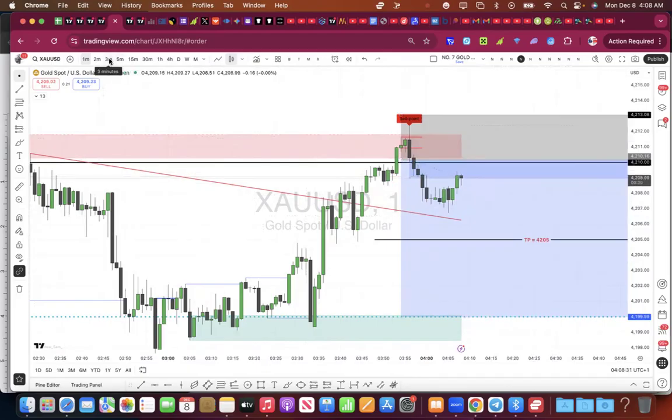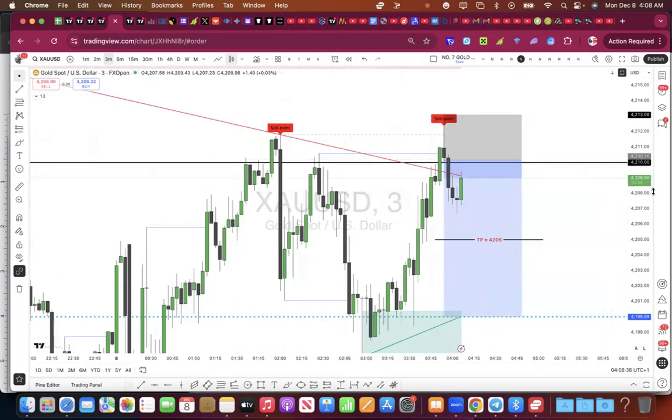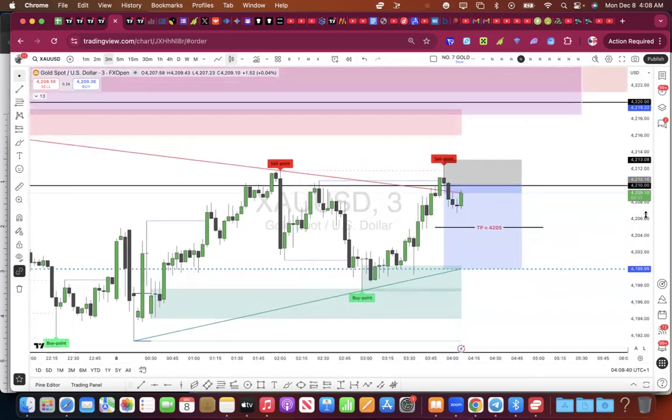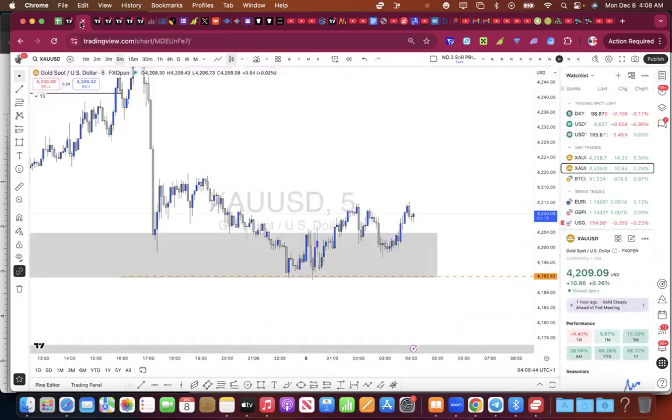But like I have said, overall, we have swept the liquidity, that's the previous day low. So we expect us to do what? We expect us to go and take the high of the previous day. So now returning back to this point, would that amount to that psychological level we showed?